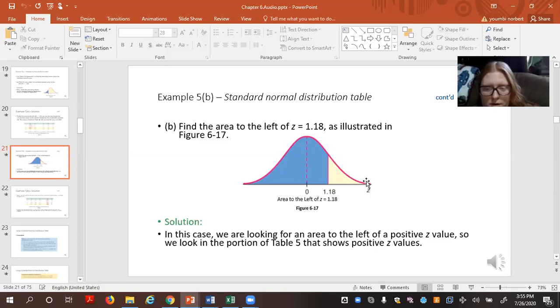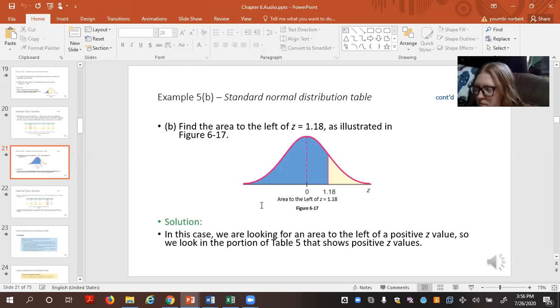If you now want the area between two numbers, let's say between -1 and 1.18, you can use your calculator, but if you are given those two areas, it will just be the difference between the areas. Let's use the calculator to do that.